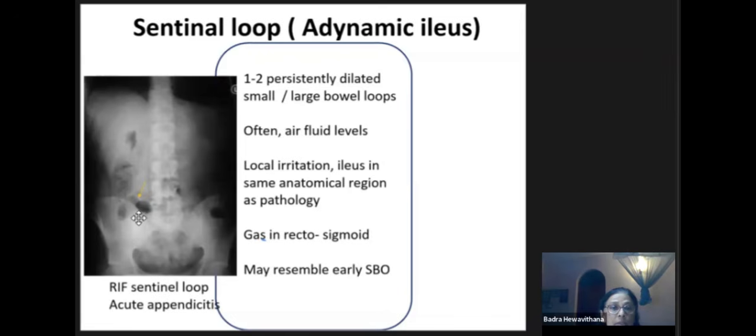But you may do X-rays when the presentation is non-specific. If you see this in that kind of situation, you may think of appendicitis. Nowadays, acute appendicitis is diagnosed either clinically or on ultrasound, so you don't have to worry about it. But in certain centers, they do CTs.